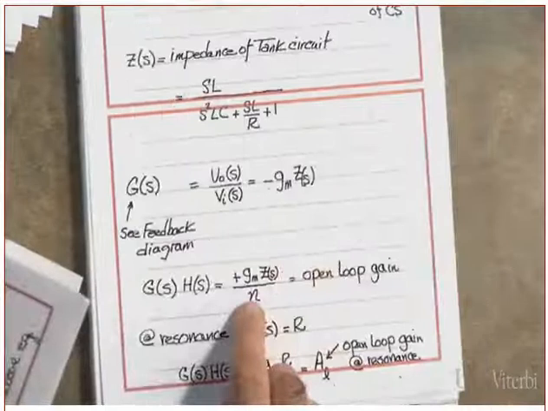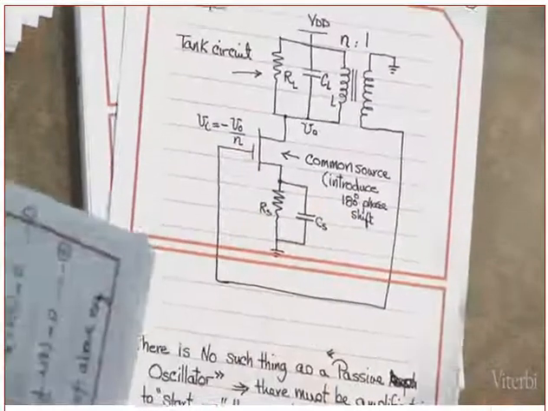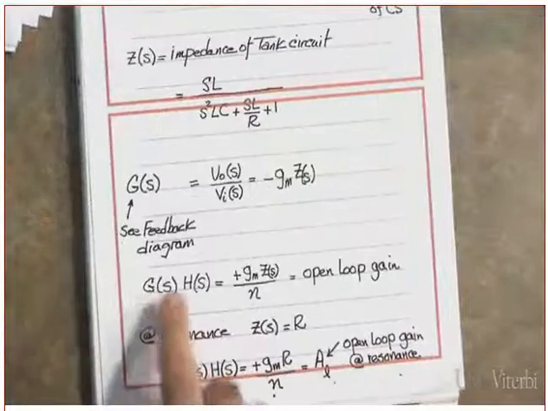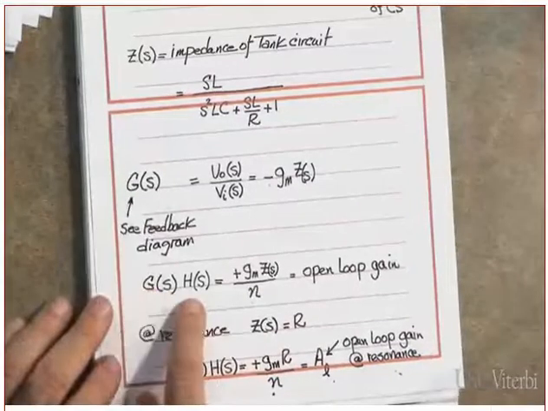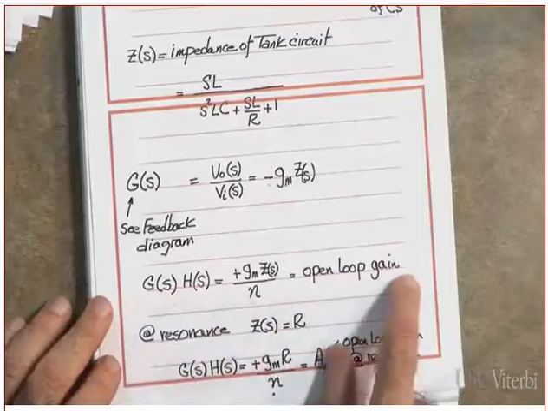Where did this N come from? So it's G of S times H of S, which is Gm Zs over N, which is the open loop gain.